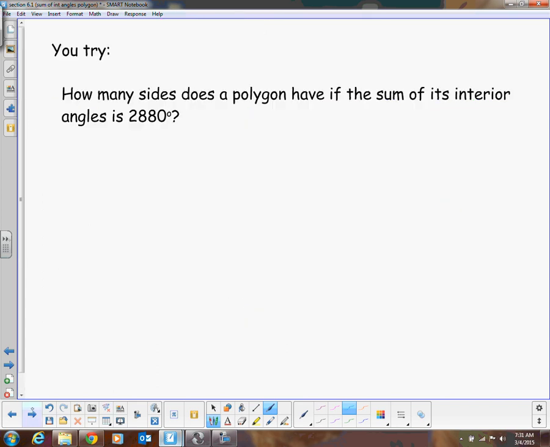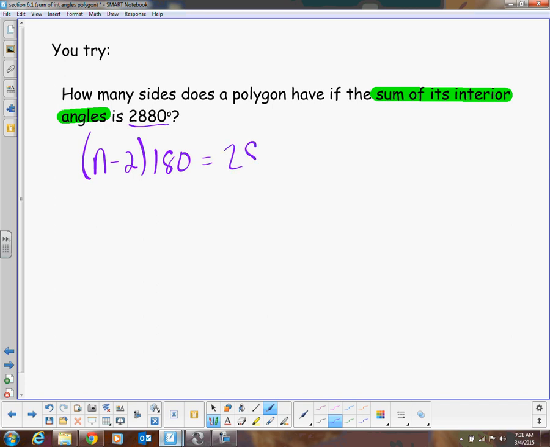Let's try another one. How many sides does a polygon have if the sum of the interior is 2,880? What do we start with? N minus 2 times 180. And what does that equal to? What did they tell us? 2,880. Okay, they're telling us the sum of the interior, which means we have to use the sum of the interior formula.